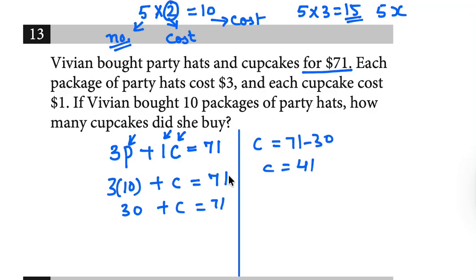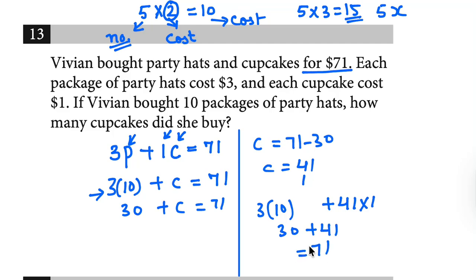So now let's check our answer: 10 party hats are purchased and 3 is the cost of one party hat, and 41 cupcakes are purchased and 1 is the cost of one cupcake. So 30 plus 41, 71, is the total cost. So what I am doing here?